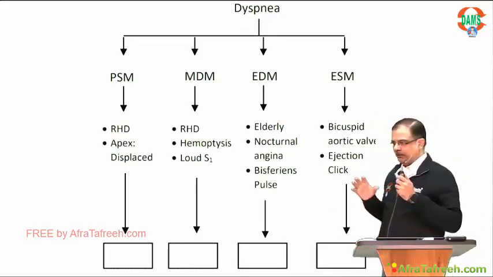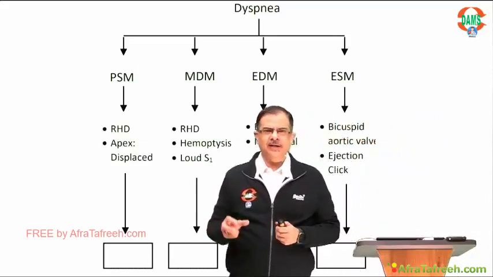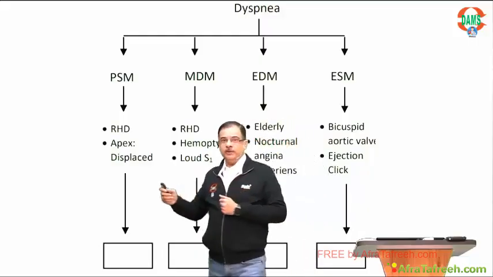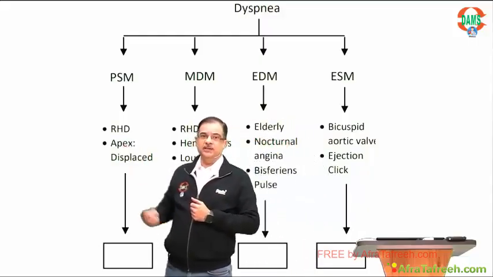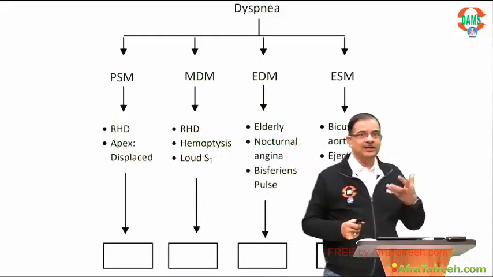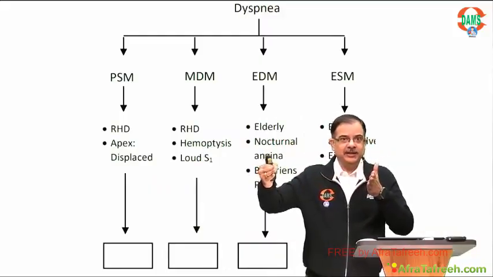So pansystolic murmur, the patient has dyspnea. This is a left-sided murmur. With the help of some more information, the patient has rheumatic heart disease. Most commonly the apex is displaced, so the left ventricle is dilated. The apex will be displaced here.